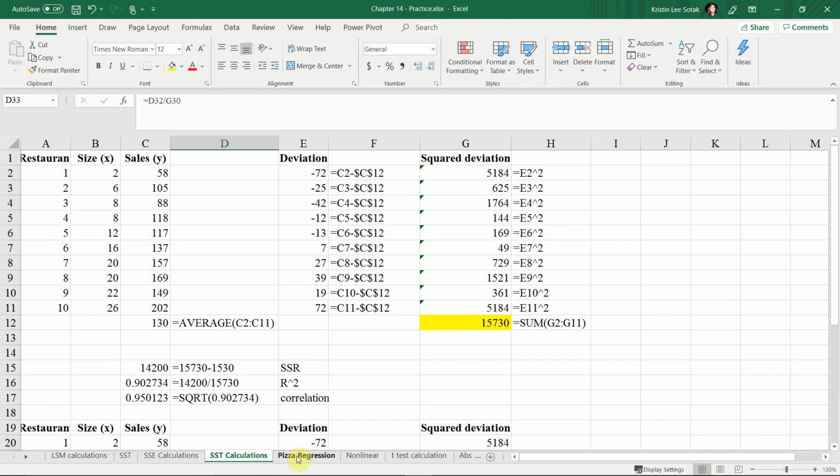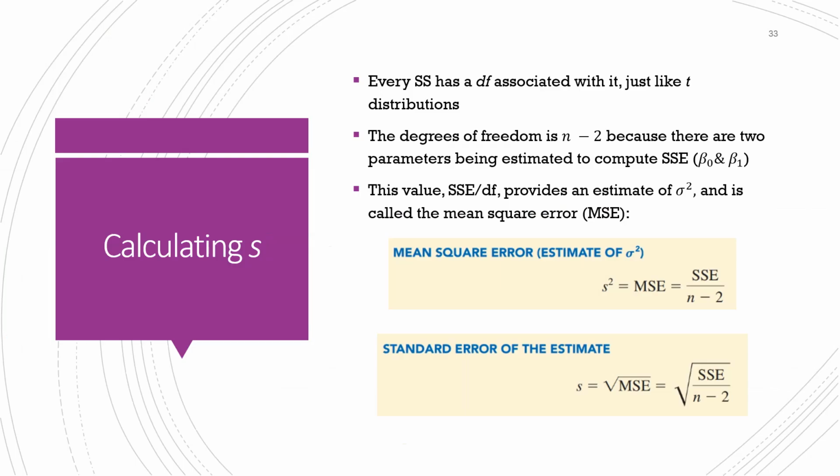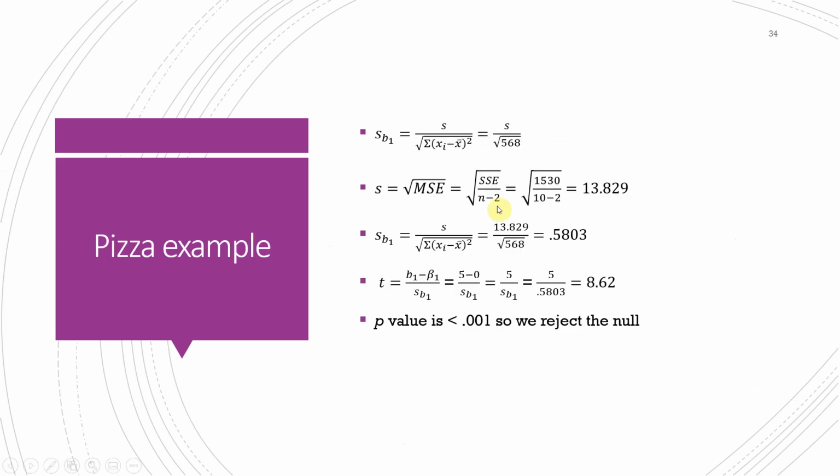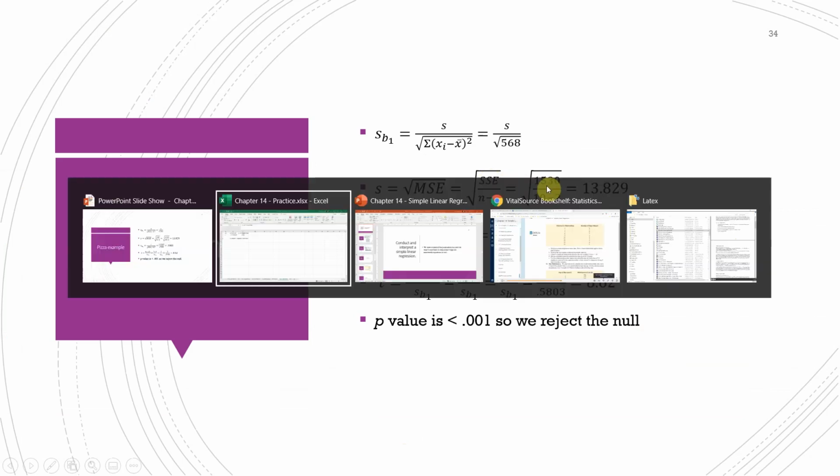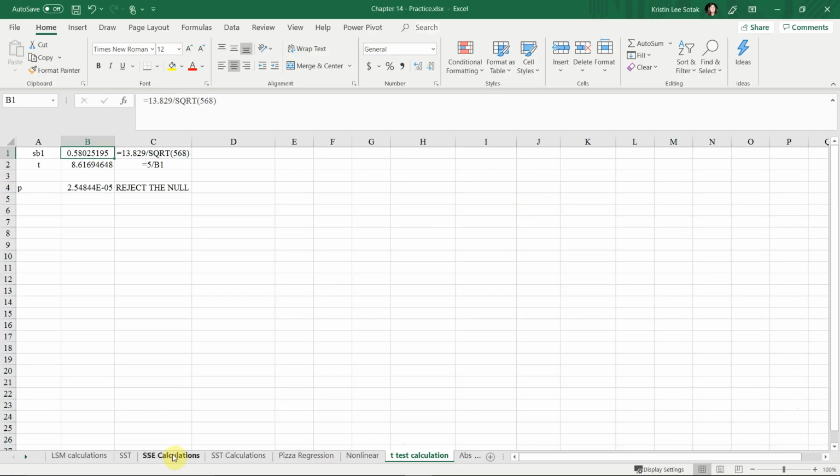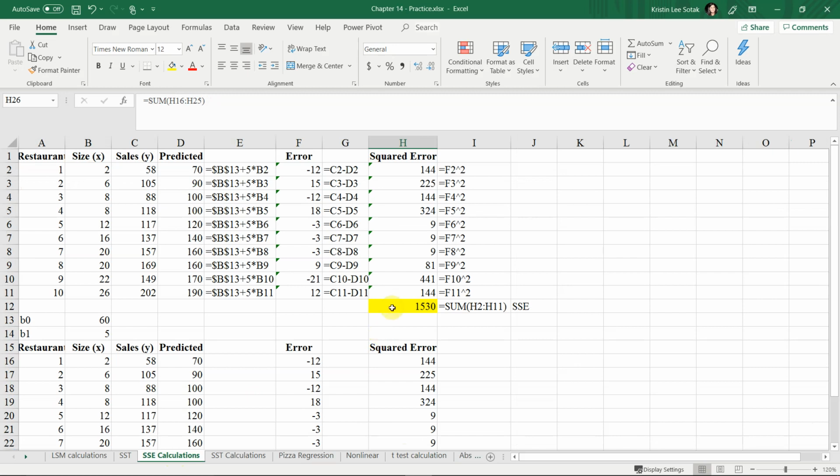Now I can't remember where I put this. Okay, so let's go back and just find that. The sum of squares error. Okay, it was 1530. Where was this? Oh, okay, yeah, I highlighted it.